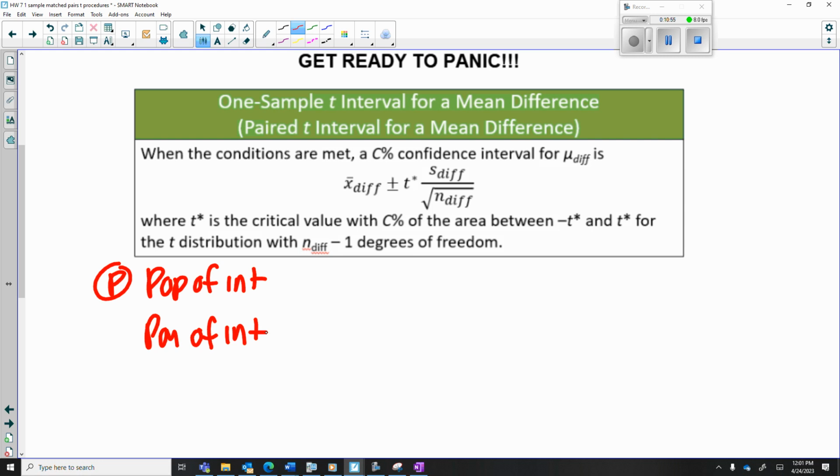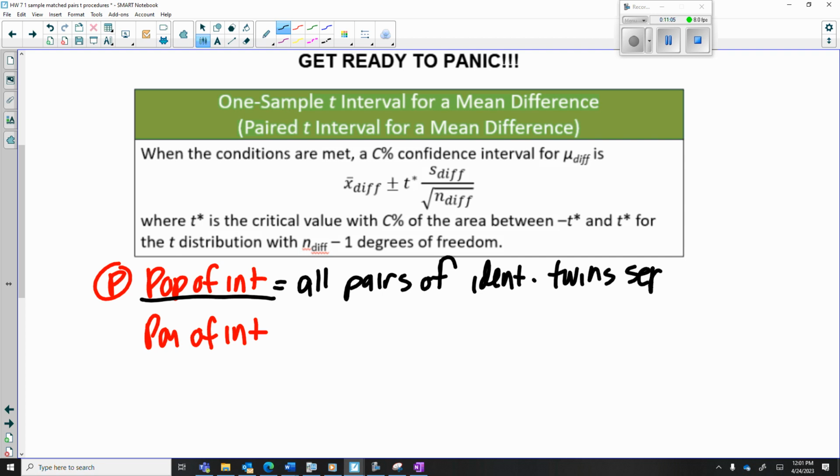So let's just quickly go over these bullet points. The population of interest would be all pairs of twins, of identical twins, separated at birth. And actually, it could be really all pairs of identical twins overall. We just happen to look at the ones that were separated at birth.